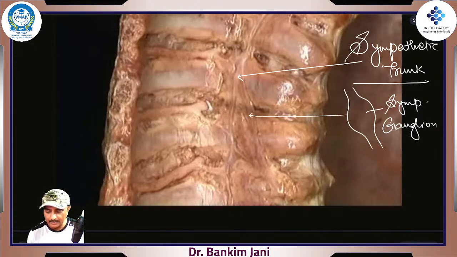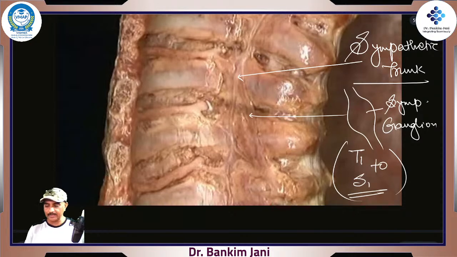And it is this sympathetic trunk all the way from T1 to S1, right? From thoracic 1 to S1, almost the initial part of the sacrum it goes. So this is what really supplies the sympathetic part, and the parasympathetic is by vagus. Achha, one more thing. Though it is a bit difficult to see, see if you can. Can you see?